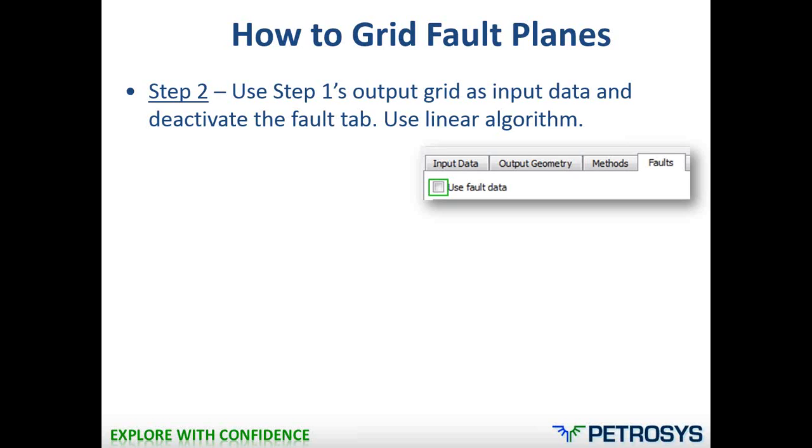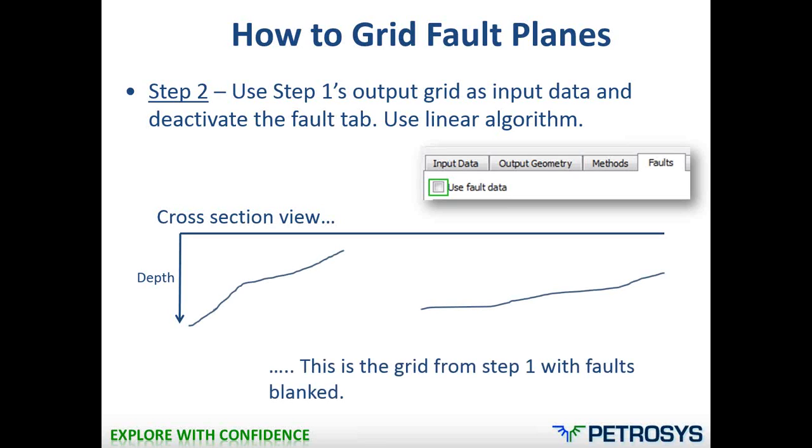So what happens in this situation? We have only one input for the gridding, so there are no faults. There's only the grid from the previous step. So it looks like this. So we have a surface on one side of the fault, on the upfront side of the fault, and then on the other side of the fault we have the continuation of the surface.